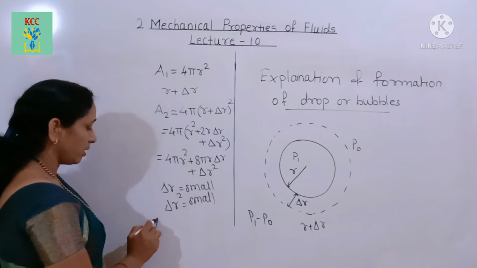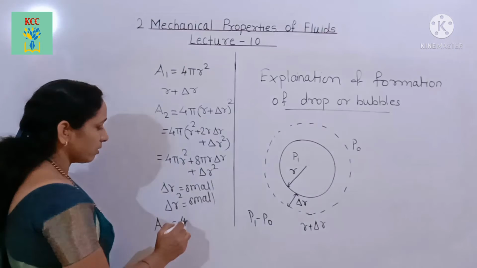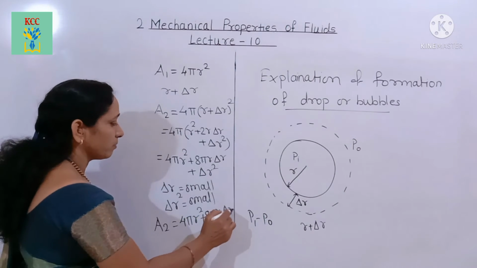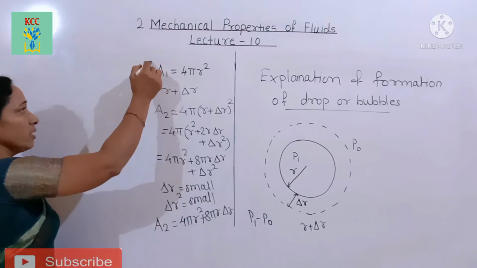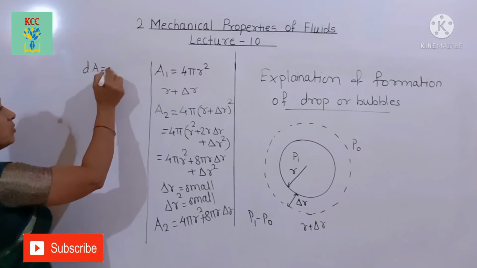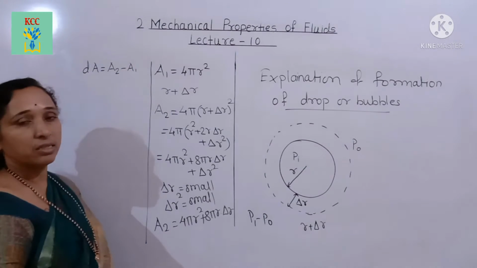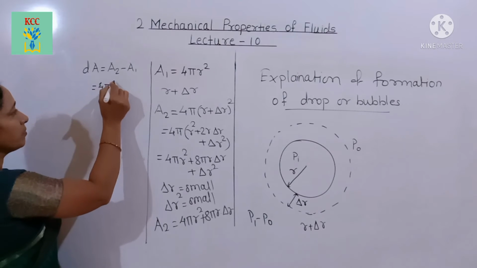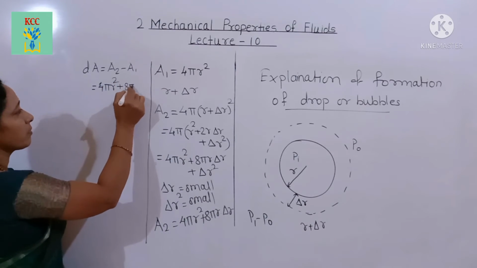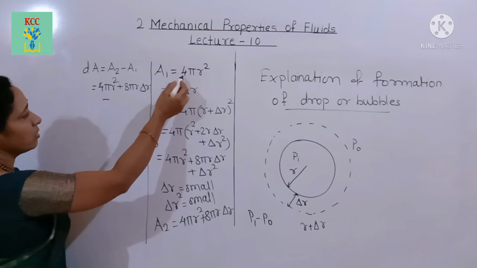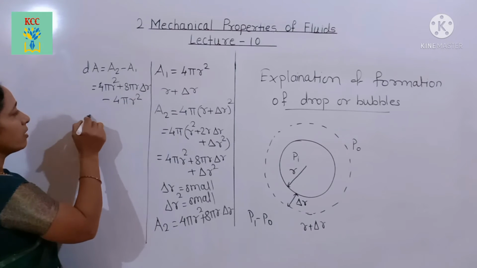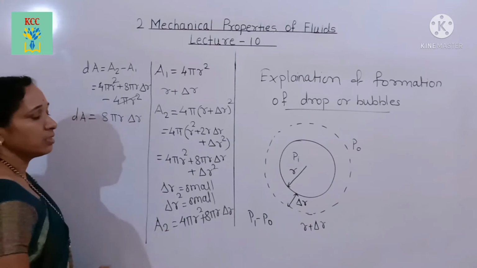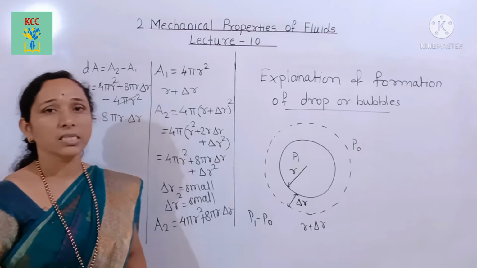Therefore A2 equals 4 pi R square plus 8 pi R delta R. And therefore the change in area, dA, equals A2 minus A1. This is the change in surface area. Putting the values, it is equal to 4 pi R square plus 8 pi R delta R minus A1, that is 4 pi R square. 4 pi R square gets cancelled and dA equals 8 pi R delta R. This is the change in surface area, that is the increase in surface area.